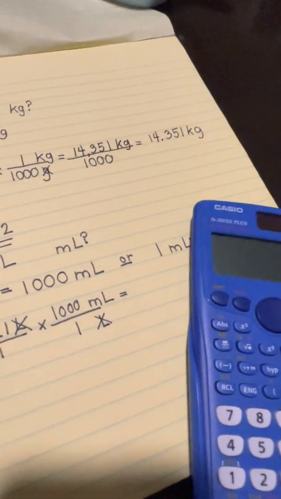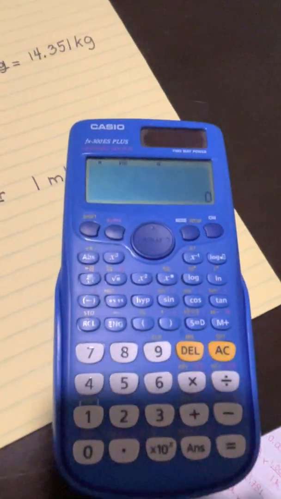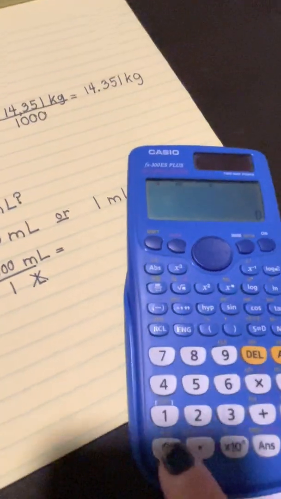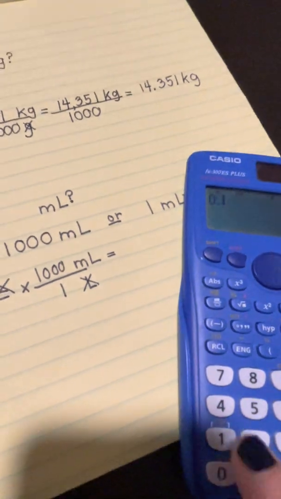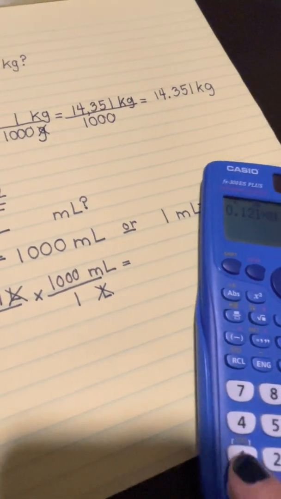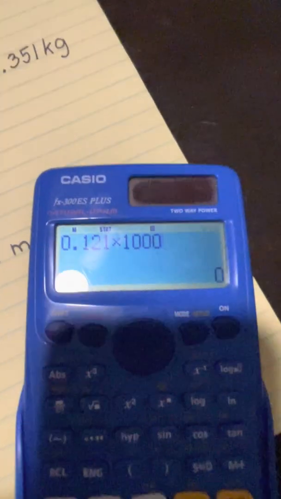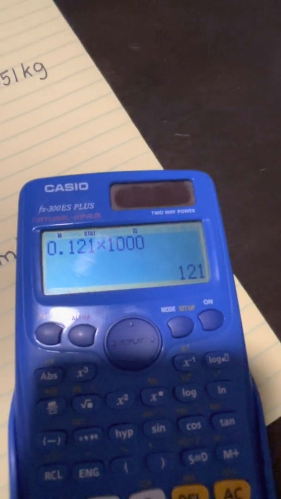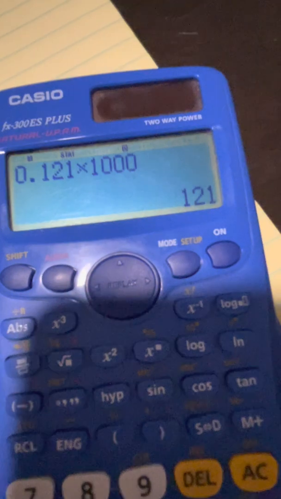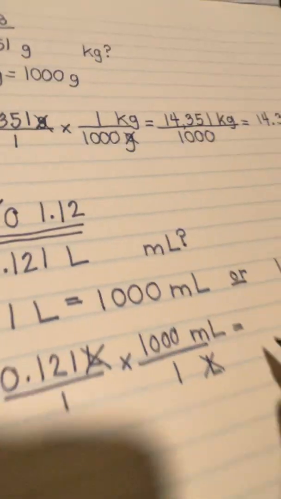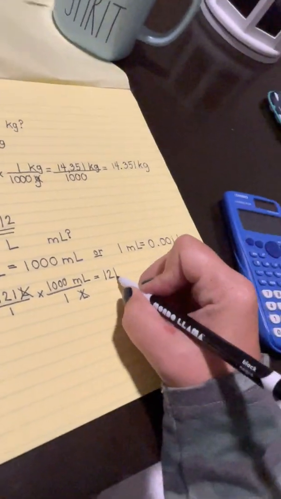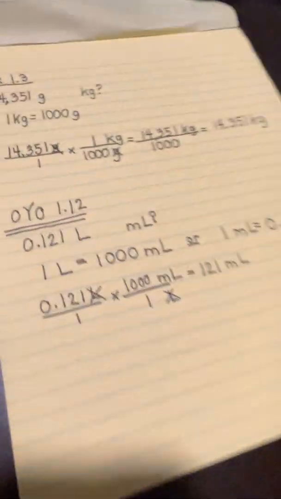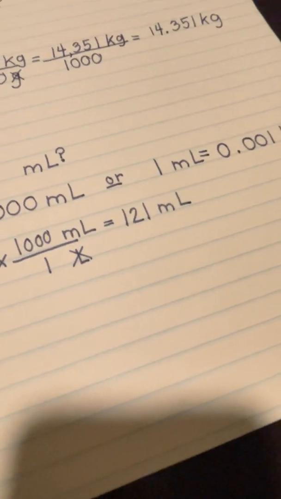And again, if you don't feel comfortable knowing where to move your decimals, we can just use a calculator. 0.121 times 1 times 1,000 equals 121 milliliters. All right, good job.